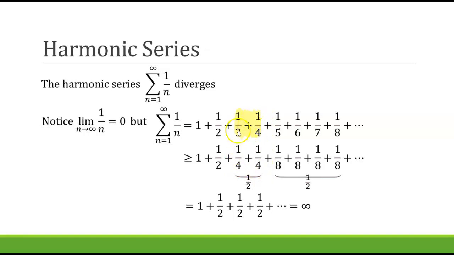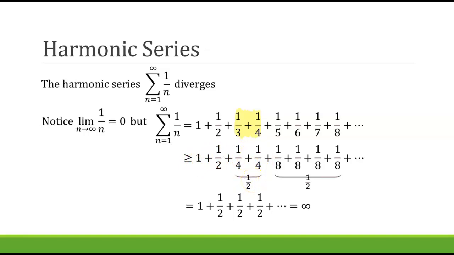So hopefully, just comparing these two numbers to these two numbers, you're convinced that 1/3 plus 1/4 is definitely greater than or equal to 1/4 plus 1/4. Well, 1/4 plus 1/4 is equal to 1/2. So now this second list is looking like 1 plus 1/2 plus 1/2. 1/4 plus 1/4 is 2/4, which is 1/2.